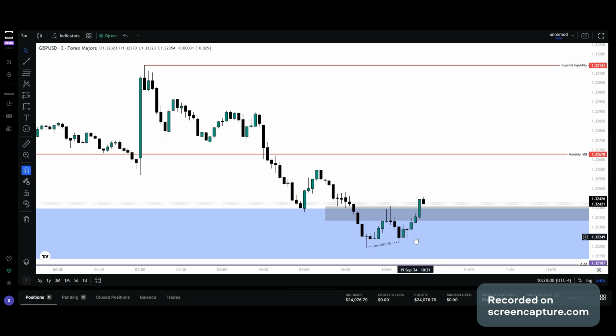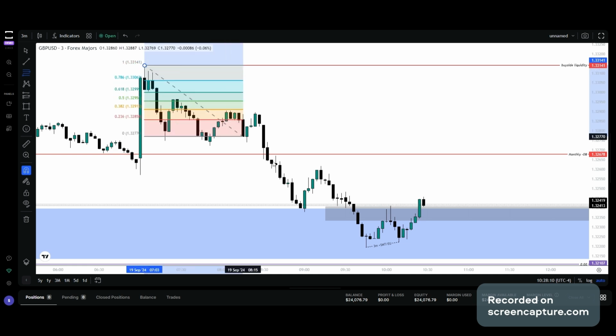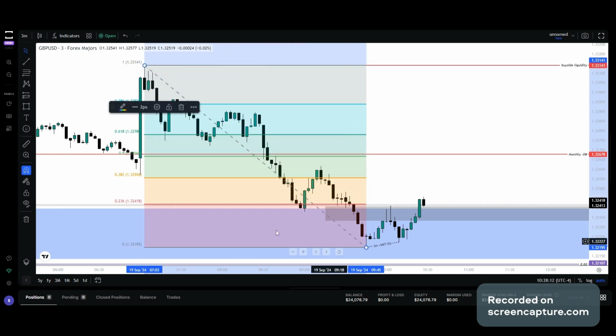Take this off now. And let me see here. I'll throw a fib. Okay, so we can see 50% of our current range or equilibrium is right here at this monthly order block.